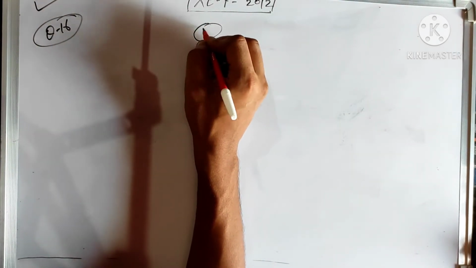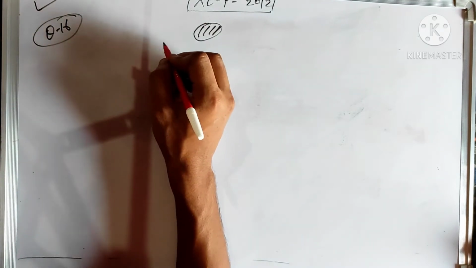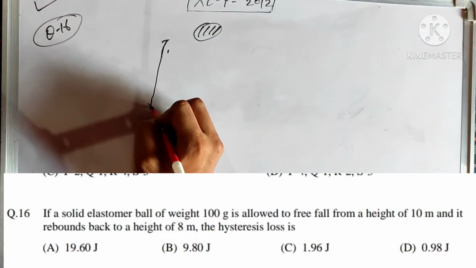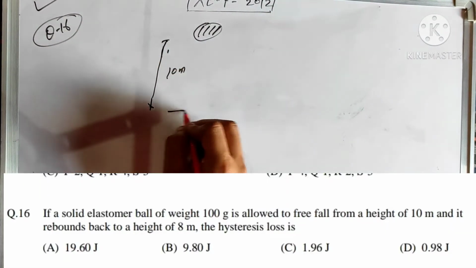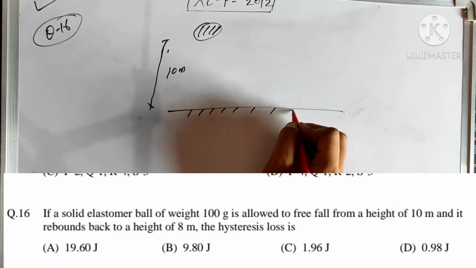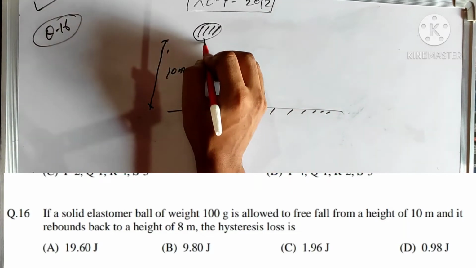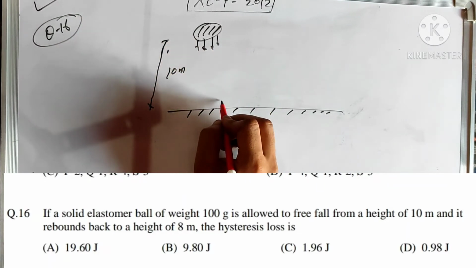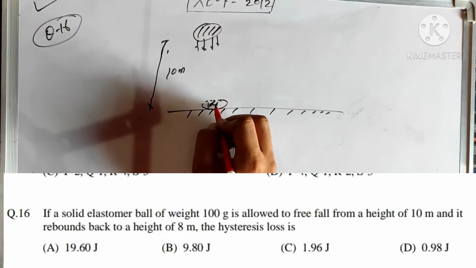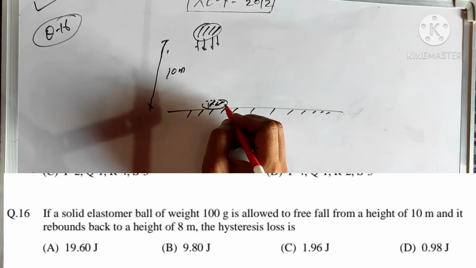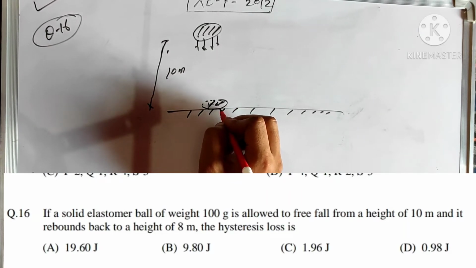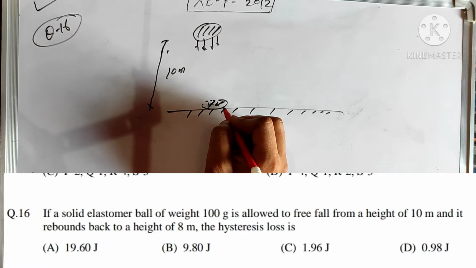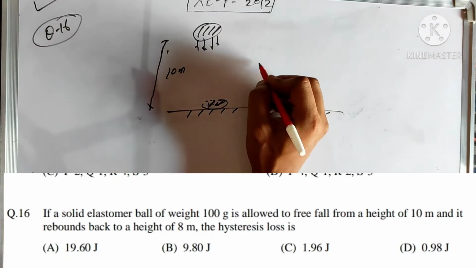Initially, a ball is placed at a height of 10 meter from the ground, and the ball is in free fall from the height of 10 meter and collides with the surface of the ground. Due to the collision of the ball with the surface, it loses some energy, and that's why it will never return to its initial position.